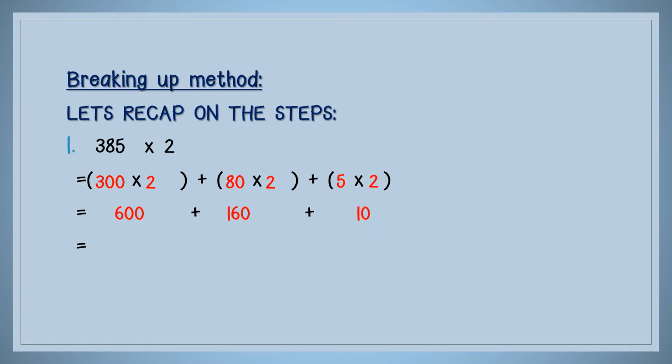Now learners, for our last step, we know that we need to add 600 plus 160 plus 10 is equal to 770. Please do not forget, we use the same 3 steps like how we did the addition and subtraction. The only thing that changes is we are going to times it by 2 and the sign. Instead of having a plus or minus sign, it has a multiplication sign.